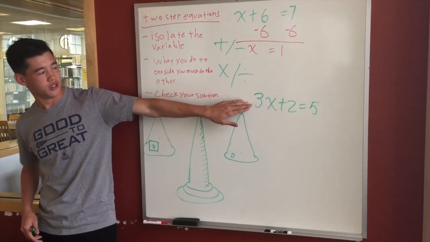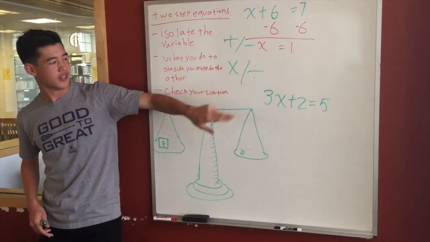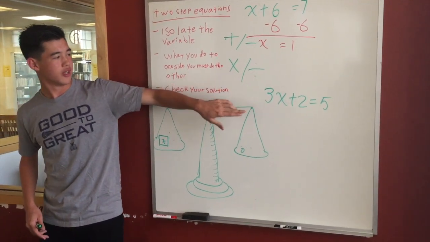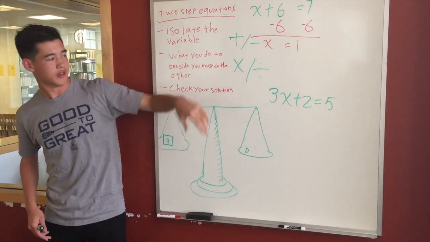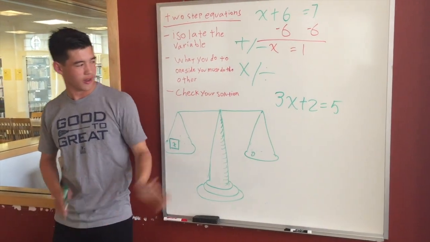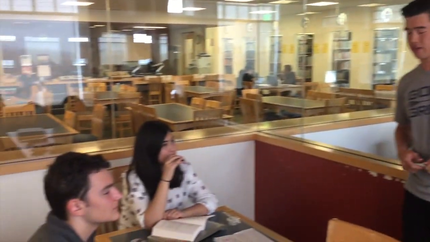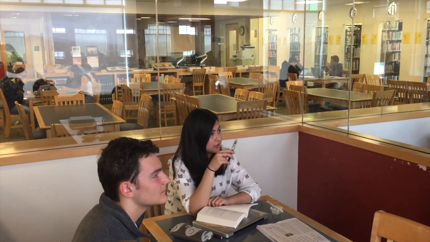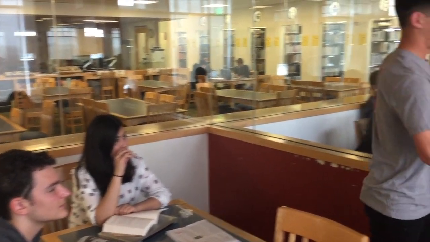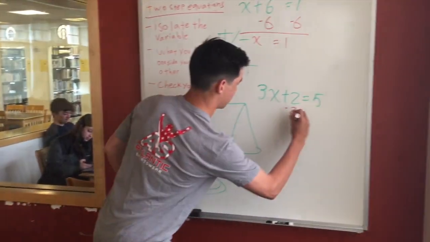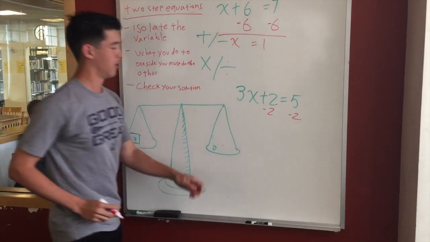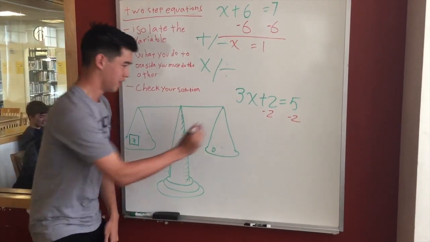Now maybe you're getting confused here. Remember that division cancels out multiplication, and subtraction cancels out addition. So I want you to try again. What would you do to cancel out that 2? Subtract 2. Exactly. Okay. And remember, you do it to both sides.